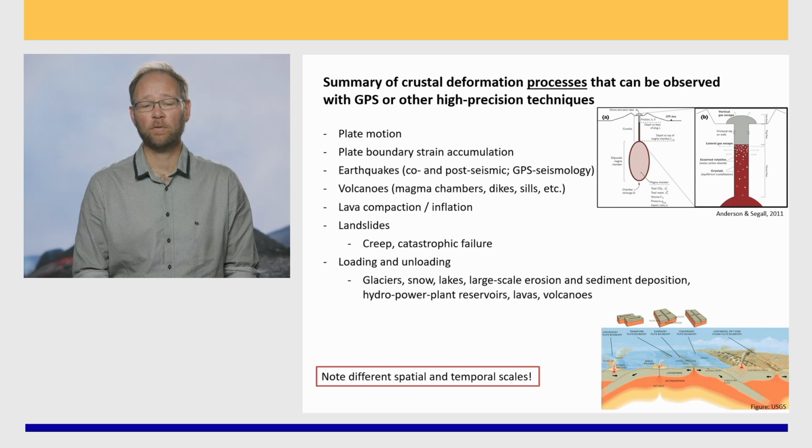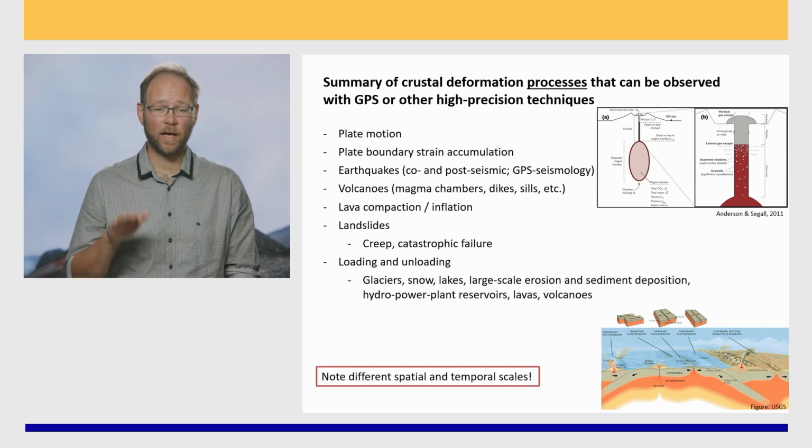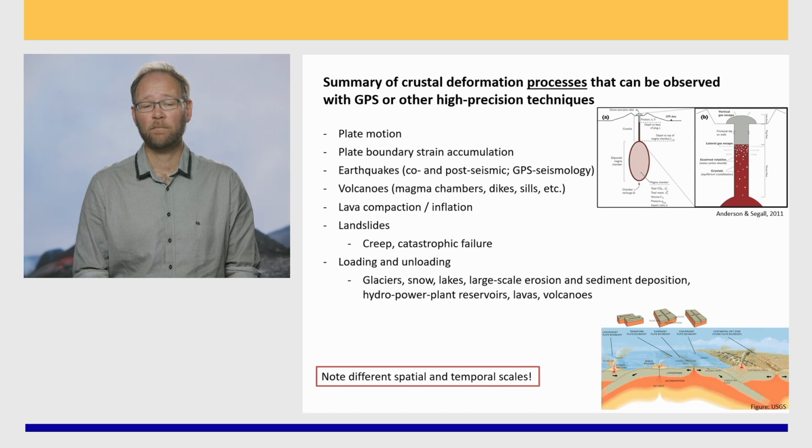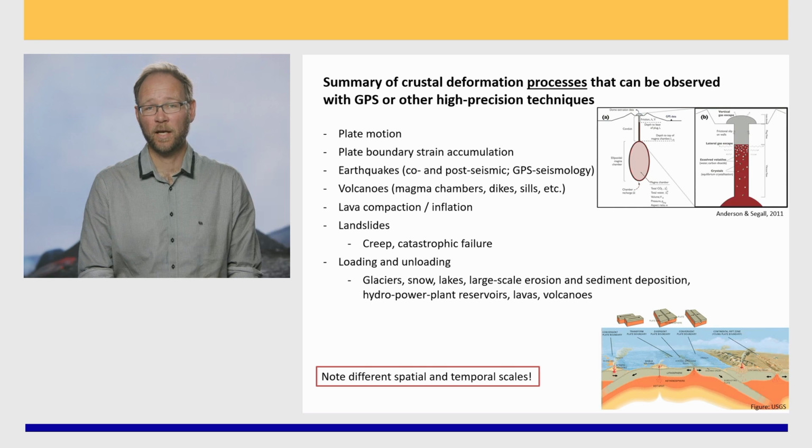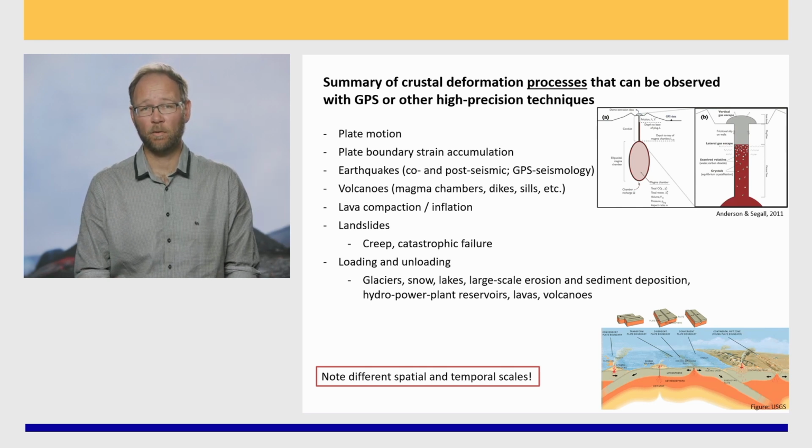The same applies to lakes and variations in elevation of lakes. And some other loading processes also exist. For example, if we have a lot of lavas that are erupted, or even whole volcanoes, placed over long times, and these large-scale erosional and sedimentary processes, they are also really long-term deformation events as well.